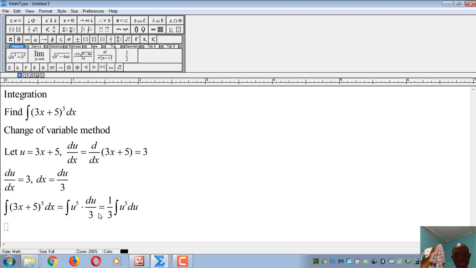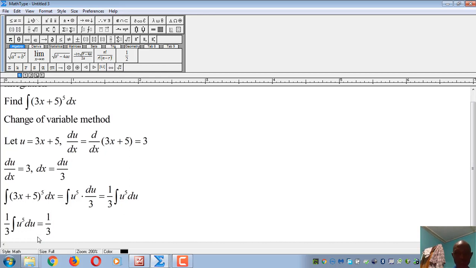So this becomes so easy for us to integrate. This will now become 1/3 times u to the power of 5 plus 1 over 5 plus 1, plus our arbitrary constant. So this becomes 1/3 times u to the power of 6 over 6, plus c.